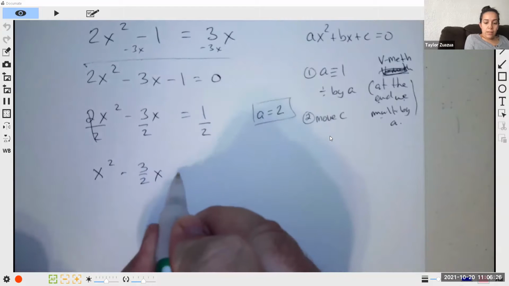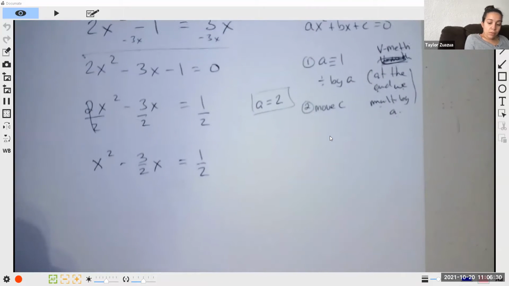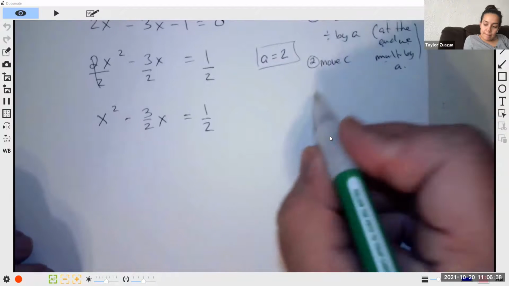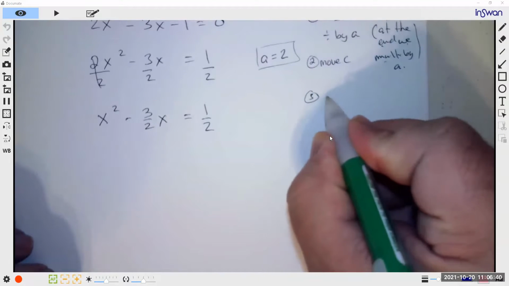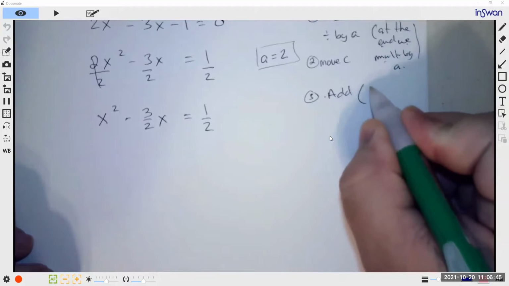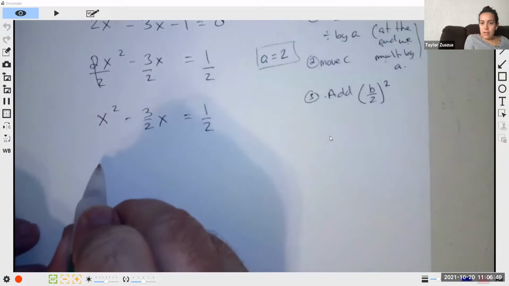So we have x squared minus 3/2x equals 1/2. Now is where you add B over 2 squared to both sides.